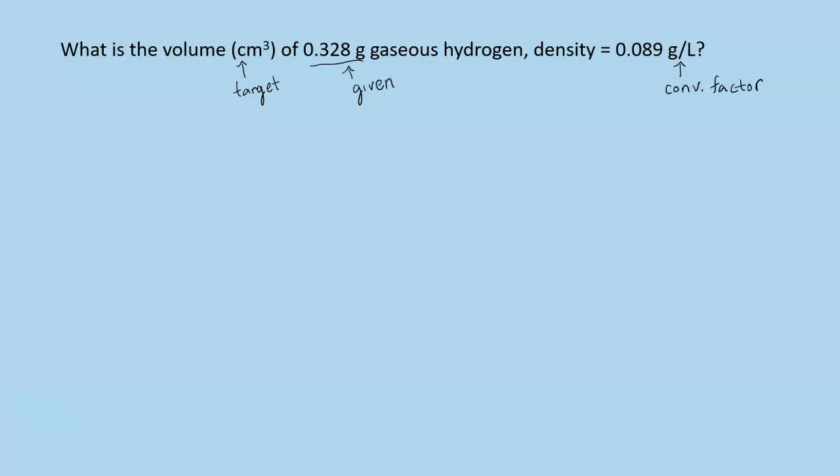Okay, so I'm going to set up this problem where I start out with the 0.328 grams on the left. I'm going to put on the far right the target, which is centimeters cubed. Now I'm going to take a look at the density conversion factor, and it may help to rewrite it as an equality.